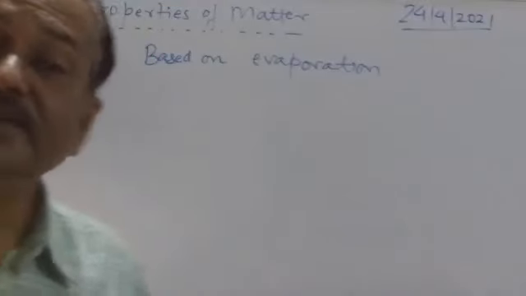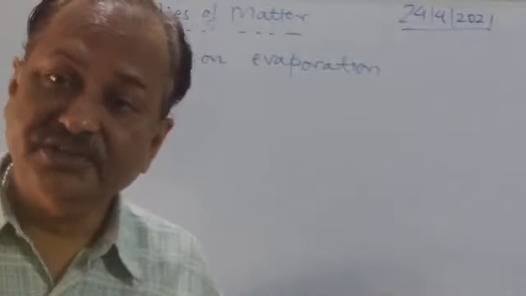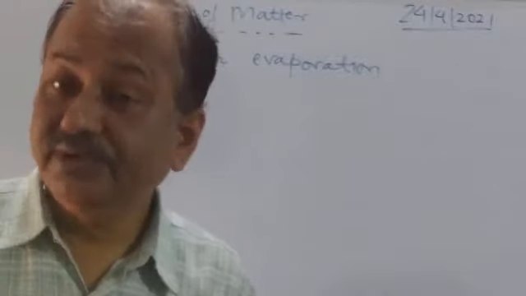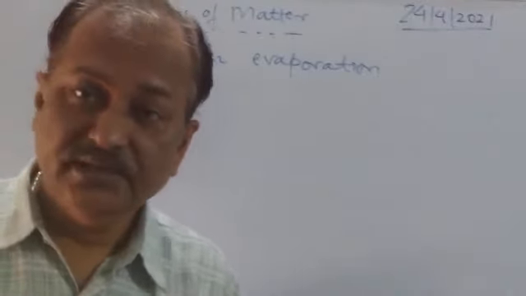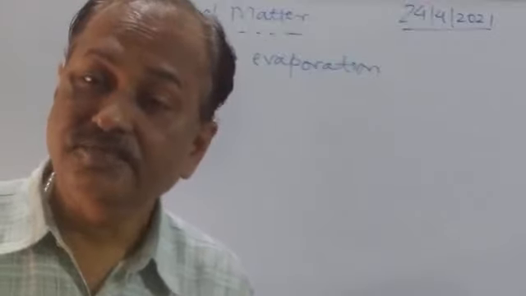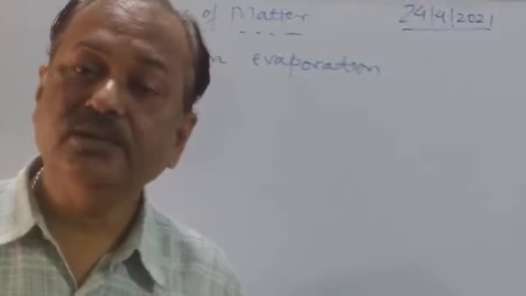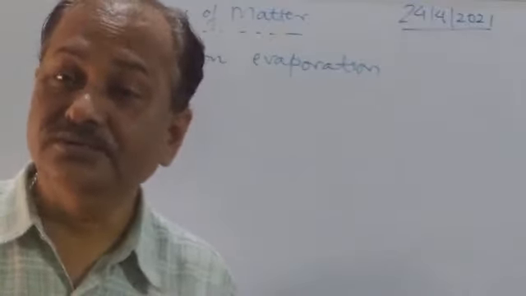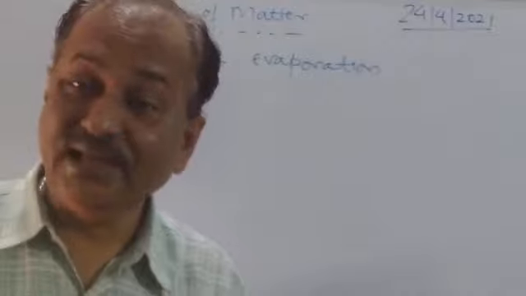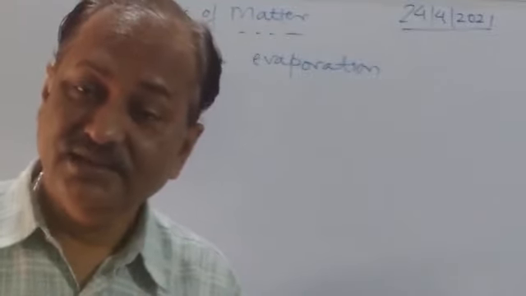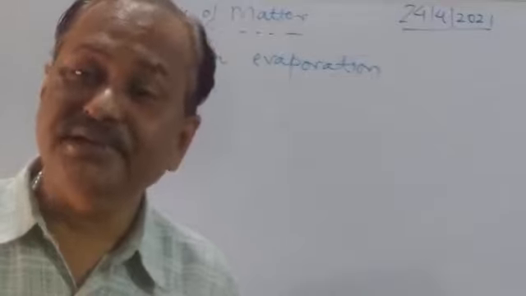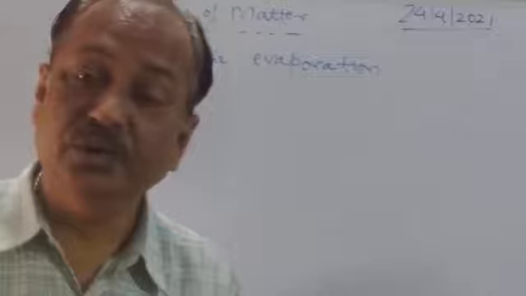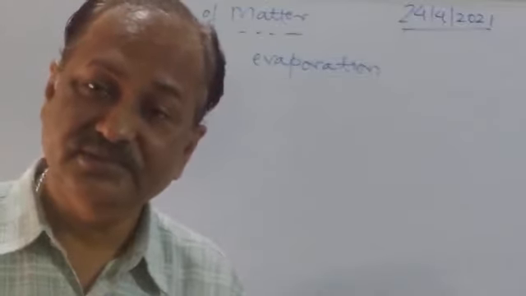Now I am going to explain next important aspect based on evaporation, which is the use of different cloths in different conditions. Like children, we use cotton cloths particularly in summer. We prefer to wear cotton cloths with light color, and we prefer it. Why? Because cotton is good absorber of sweat or perspiration.